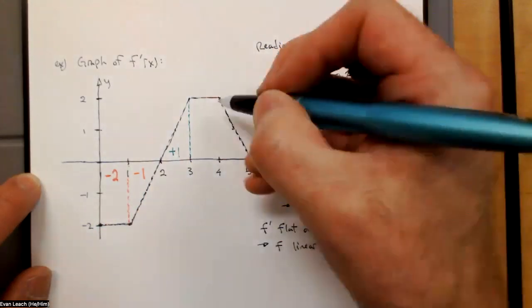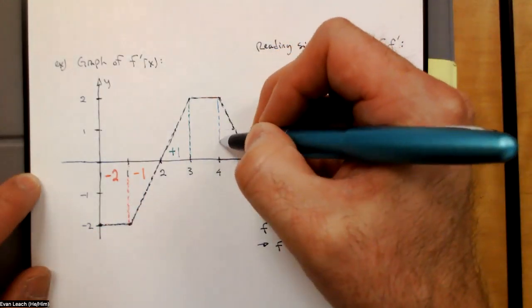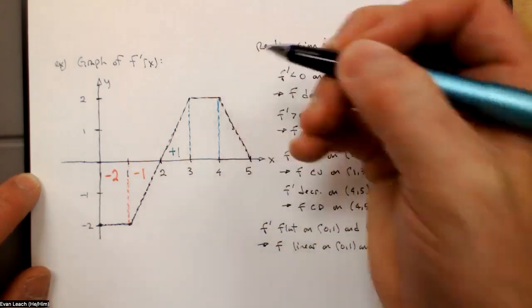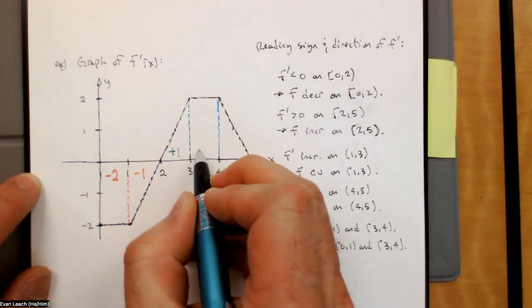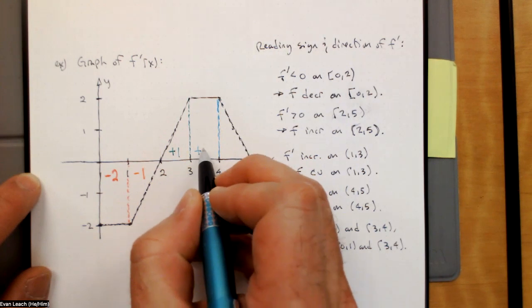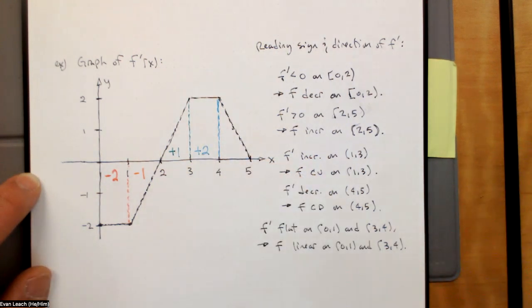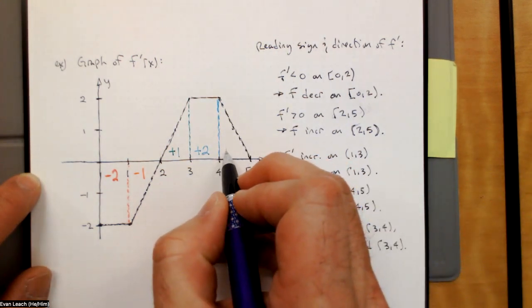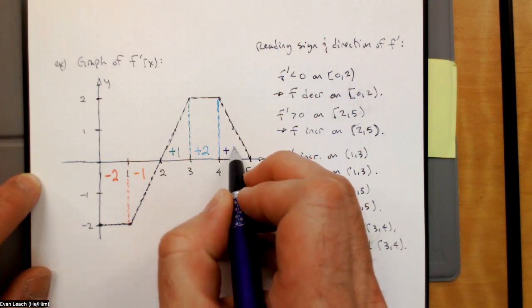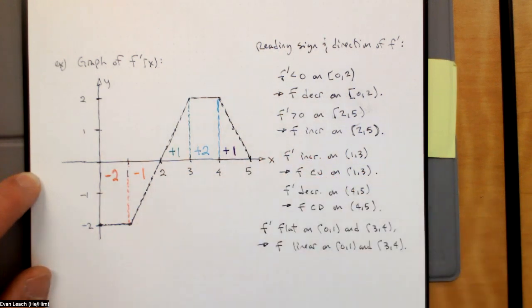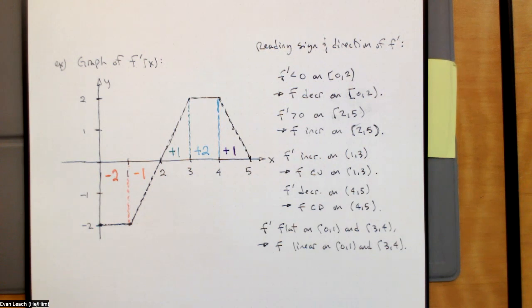From 3 to 4, we have an area of 2 above the x-axis, so there'll be an increase of 2. And then from 4 to 5, we'll have an area of 1, so we'll have an increase of 1. So the area tells us how much the function is changing. Sign tells you direction, area tells you amount.